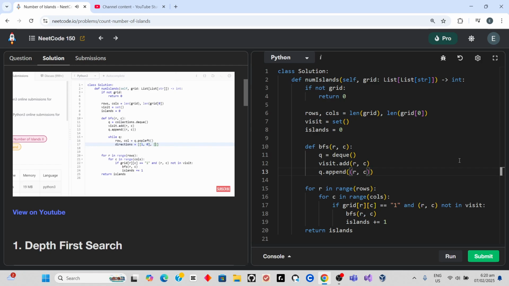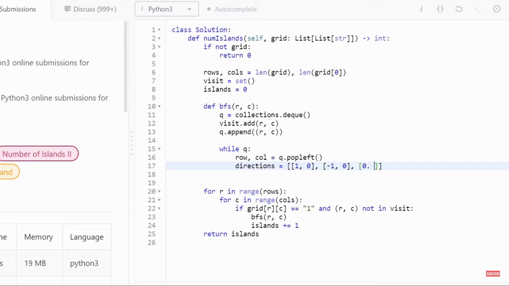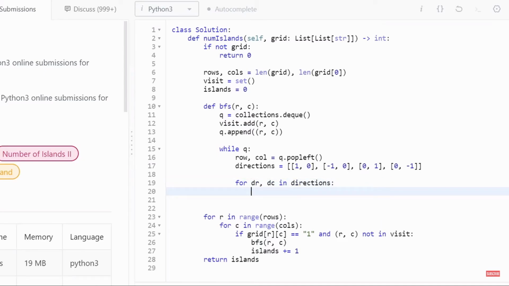The direction to the left, which is -1, 0. The direction above, 0, 1. And the direction below. Now, for each of these directions, we're going to check something.